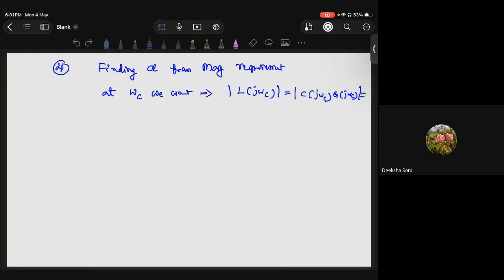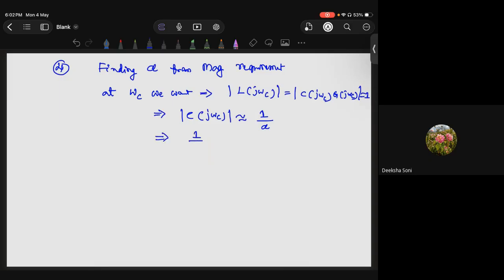Let me write it. Should be equivalent to 1. So I can write this approximately as the magnitude of C of j omega c is approximately 1 by alpha.